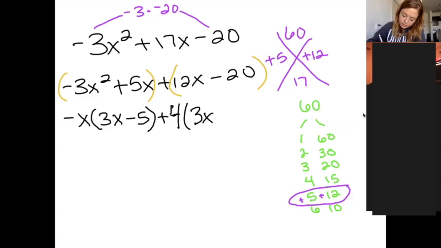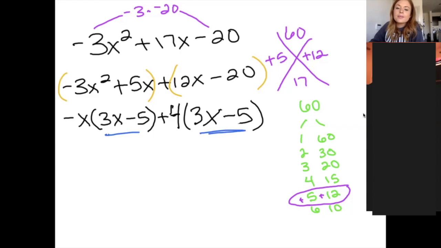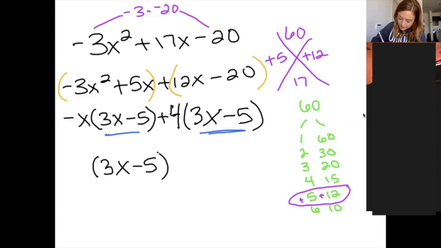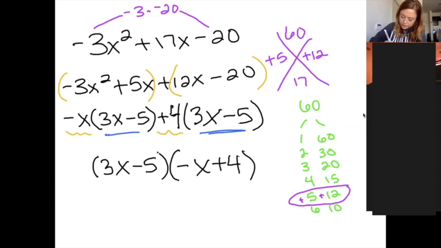Negative 5. All right, so we have our common binomial. 3x minus 5 and 3x minus 5, so we drop that down one time. And then we take our GCFs and drop them into another parenthesis. And that would have been your answer.